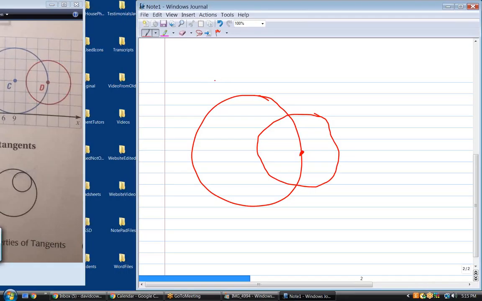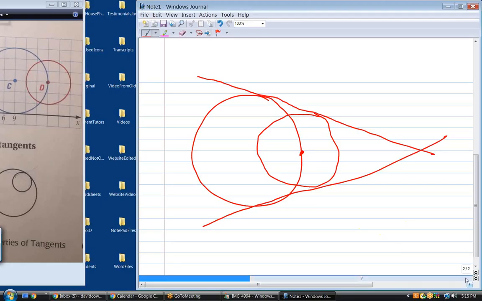Well, let me draw one common tangent. How many others are there? Just one. Correct. This one down here. Yeah. Common tangent is exactly what it sounds like. It's a line that is tangent to two different circles.